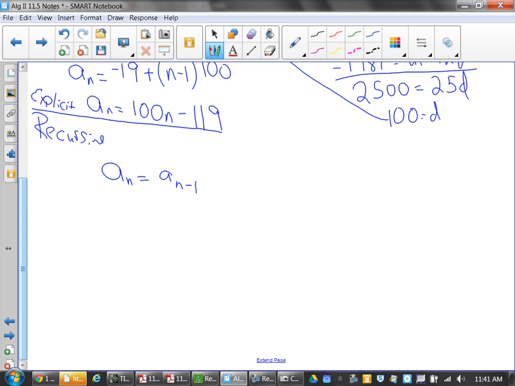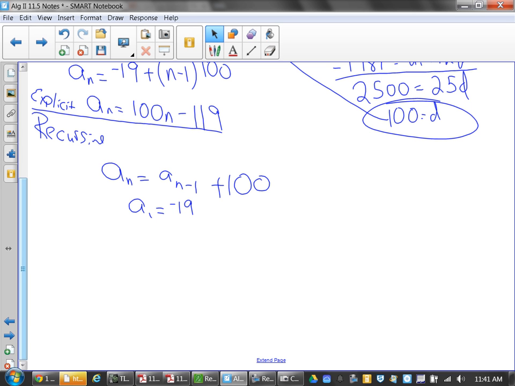And what do you do to each term prior? What's the difference? Plus 100. Our difference is here. And what was your first term? And you have to write a sub 1 is negative 19. And that's how you write out recursive for arithmetic.